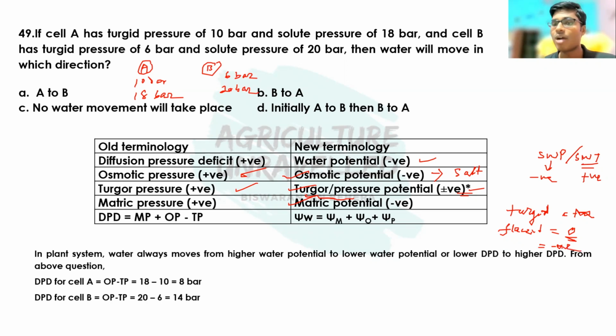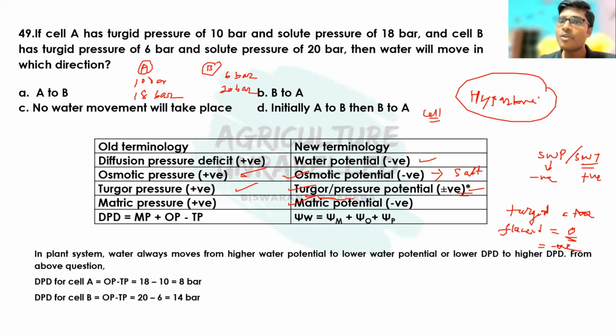Then what is turgid, what is flaccid, and what is plasmolyzed? When a cell is placed in a hypertonic solution, meaning the solute concentration of the solution is higher than that of the cell, the hypertonic solution has higher solute concentration as compared to the cell. As a result, water will move from lower osmotic pressure to higher osmotic pressure.